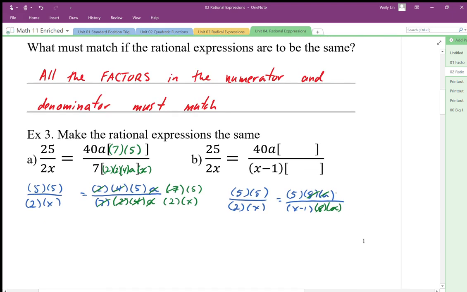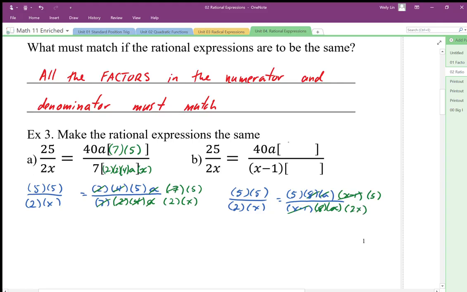Okay, I need to get rid of the x minus 1. So I'm going to multiply the top by x minus 1. Now this is a binomial factor, that's all one piece. So these pieces can cancel out. So now I just have one 5 here, so I need to introduce another 5. So I have 5 times 5 on the top, the top matches, and then I have 2 times x on the bottom.